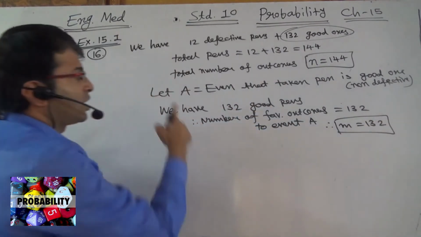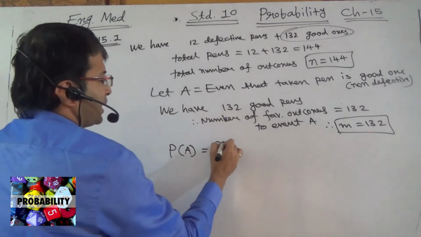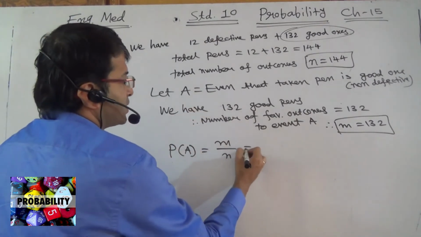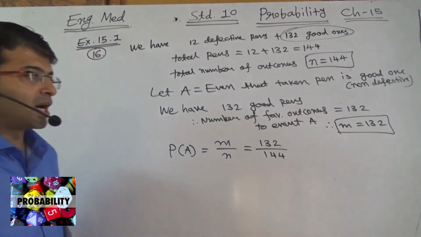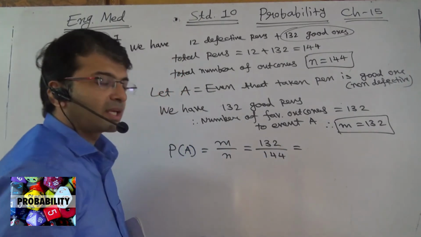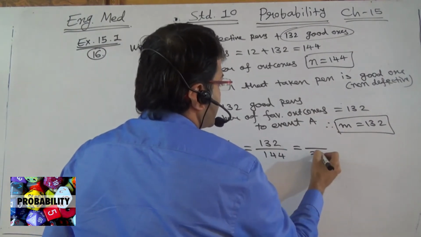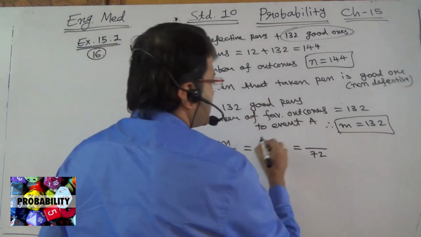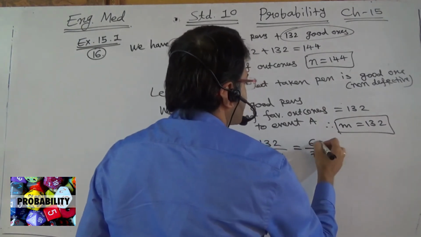Now the probability of event A is equal to M upon N. As you know, M is favorable outcomes, N is total outcomes. So this is 132 upon 144. Now we want to cancel out. Take half: 144 gives 72, and 132 divided by 2, 132 के half करो तो आपको मिलेंगे 66.